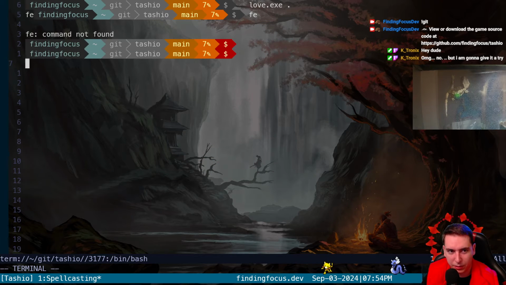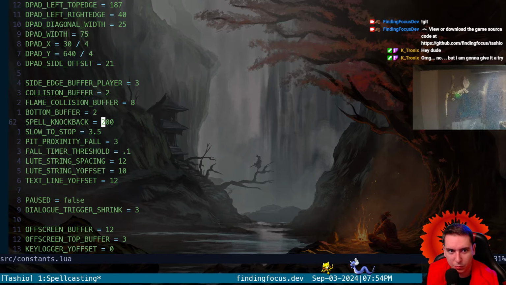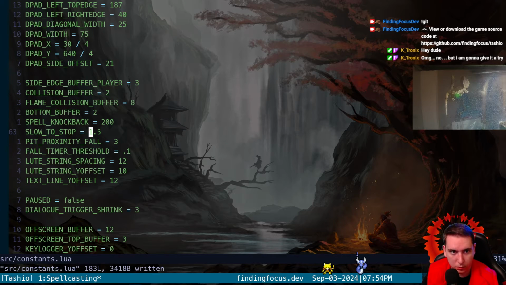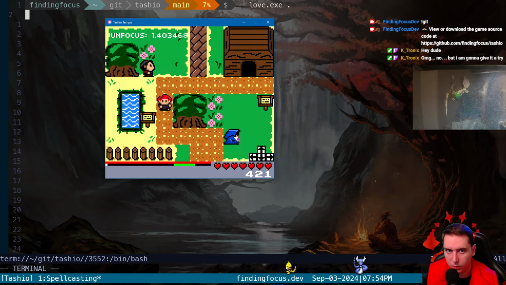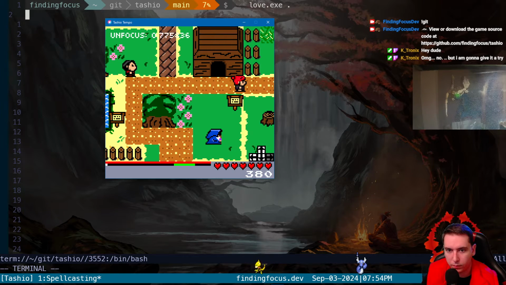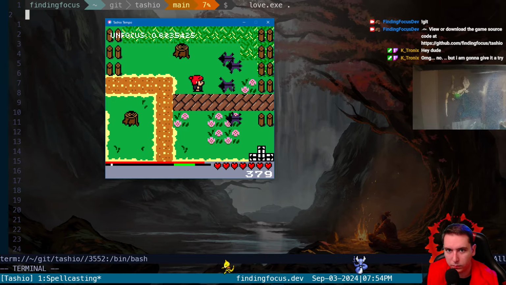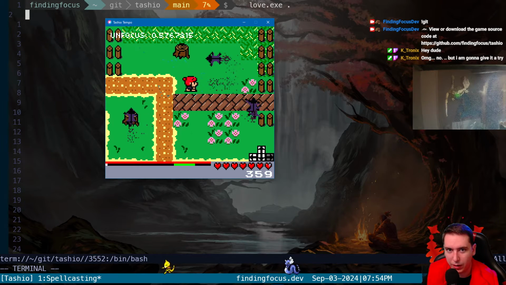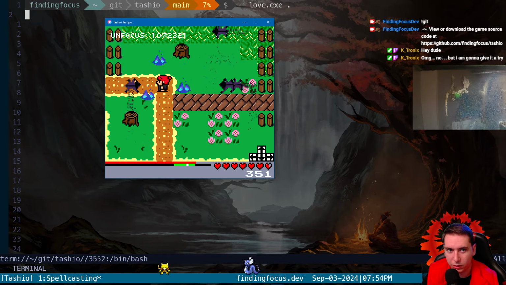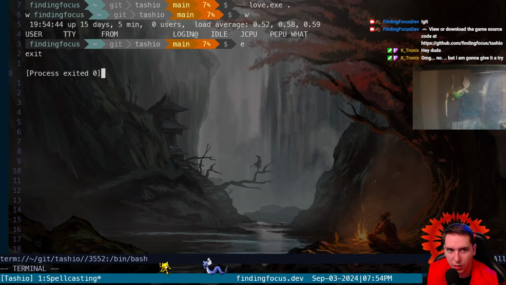Okay, I think we want to decrease the slow to stop because we want him to skid more to a stop. So let's try that. Should be more smooth. Okay, that looks more natural on the slow to stop, but they're just way too much knockback.